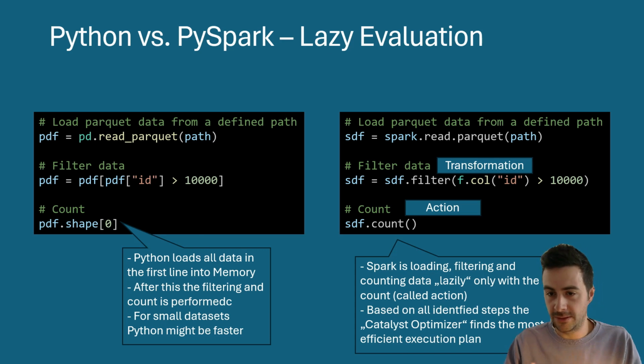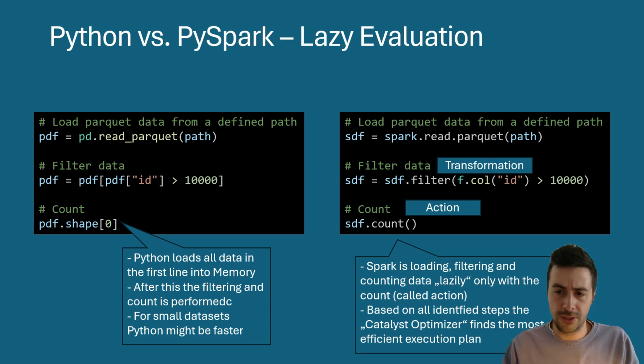So we differentiate there between transformations and actions. An action is where PySpark actually starts an execution. Lazy evaluation means that PySpark is literally lazy here, and the transformations are all collected until an action happens, in this case a count.